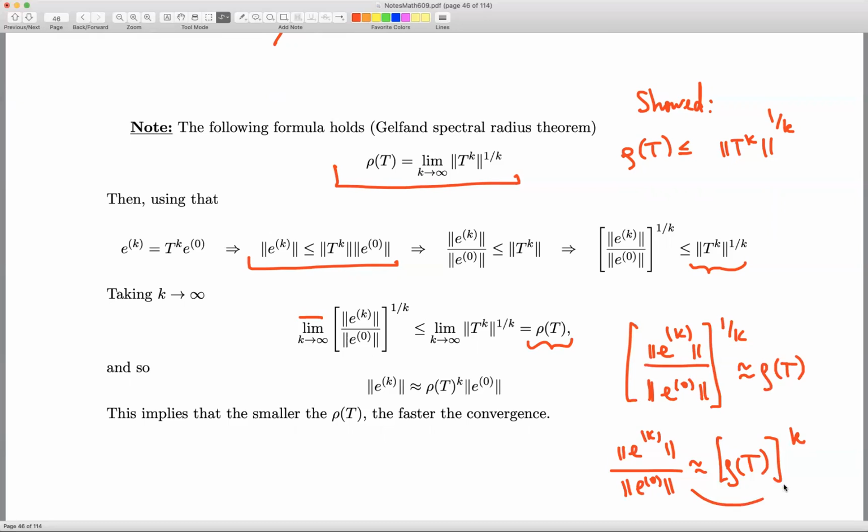And when we multiply by the norm of e0, we expect to get something like that.